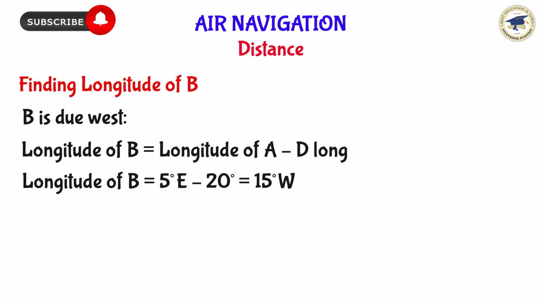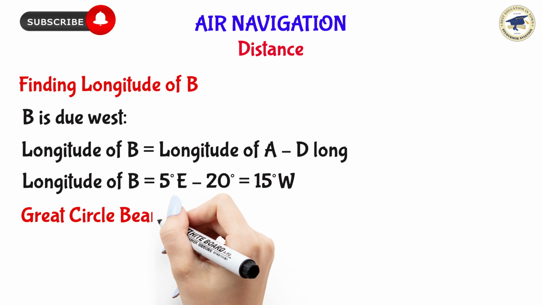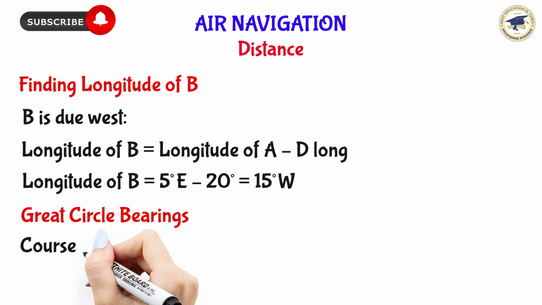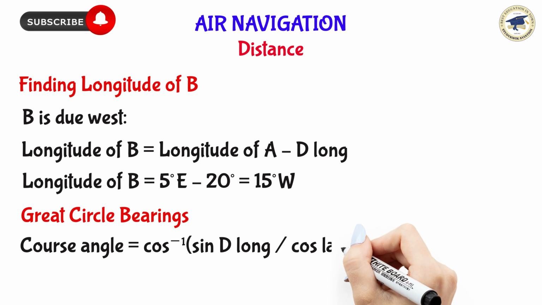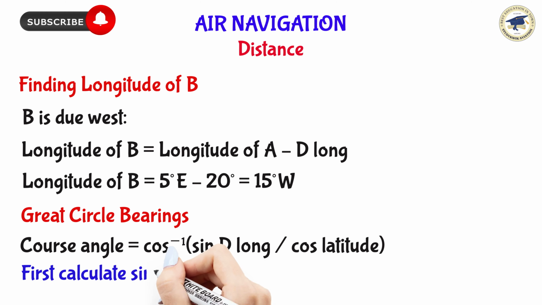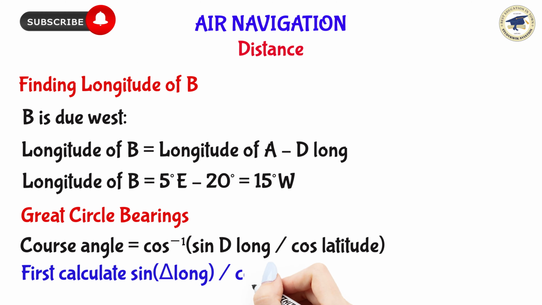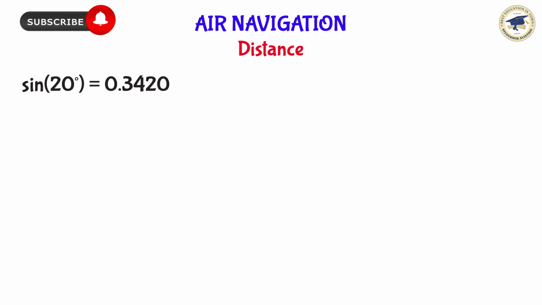Now, we find the initial great circle bearings. The formula is: cos angle equals cosine inverse of sine D long divided by cosine latitude. Sine 20 degrees equals 0.3420.